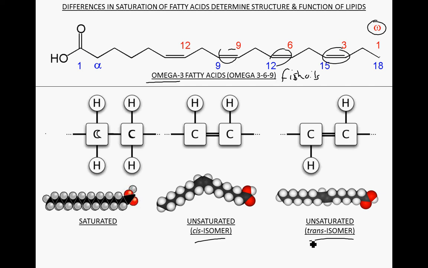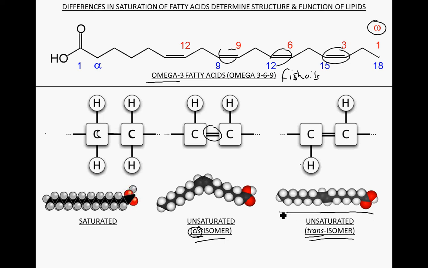So why? Well, let's go back to this and just look at the structure for a second. Here's the cis, right? And here's your double bond. And this cis conformation means that the hydrogens are on the same side of this double bond. The trans conformation here has the hydrogens on opposite sides, trans across, right, that double bond. But look what that does, right? Look at this trans structure here.